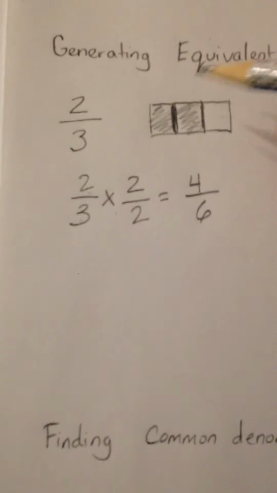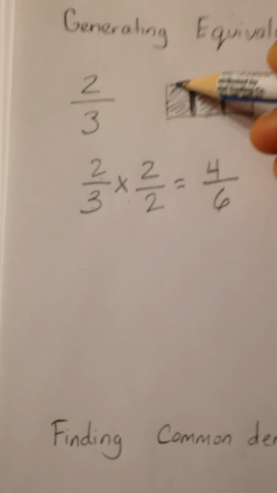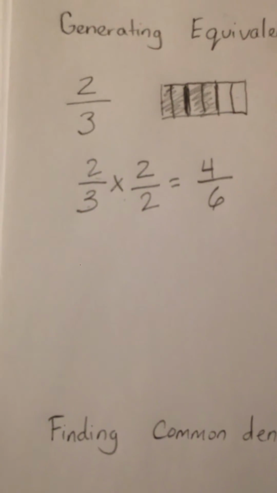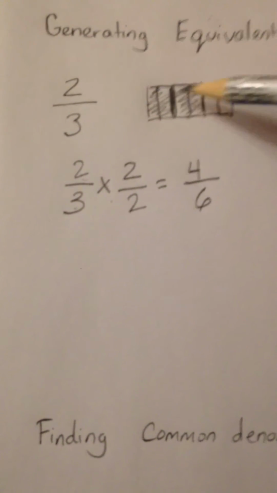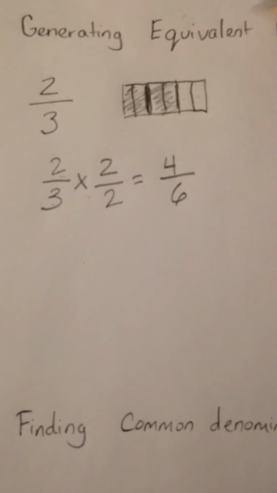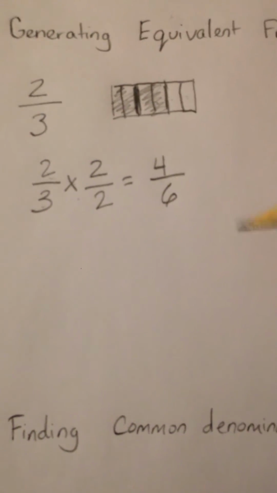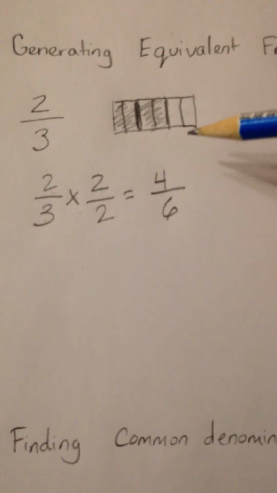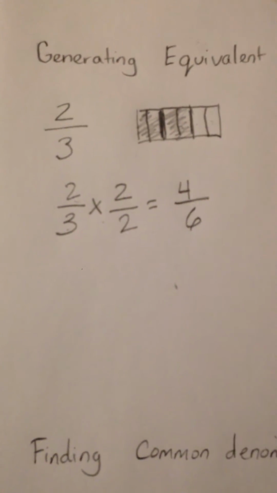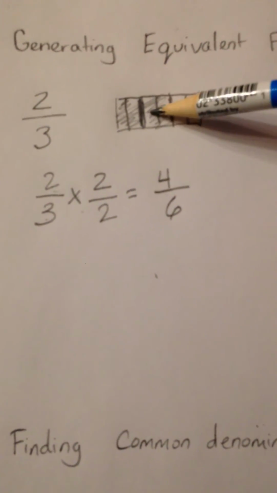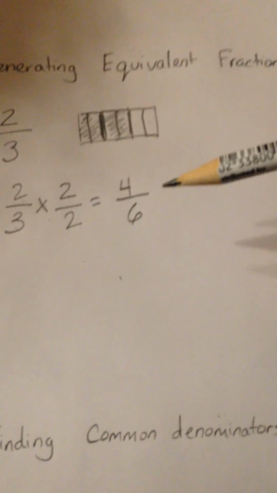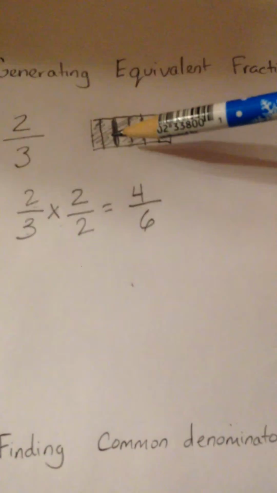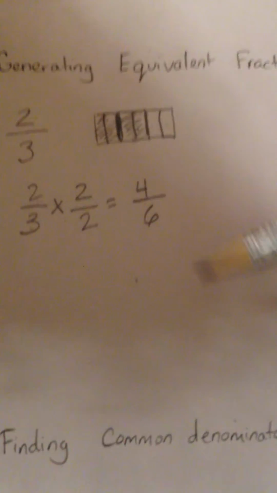And we can see that because if we split this candy bar now into 6ths, and you see that I have 1, 2, 3, 4, 5, 6 pieces of this candy bar now, the amount that has nuts in it remains the same, but it is now 1, 2, 3, 4 pieces of the whole candy bar, which is now 6 pieces.